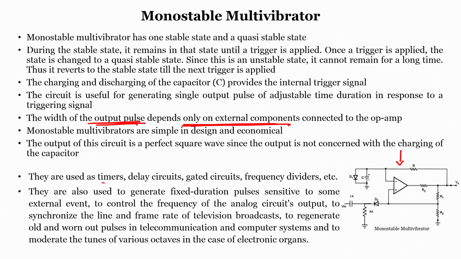It is used as a timer, delay circuit, gate circuit, frequency divider, etc. It is also used to generate a fixed duration pulse sensitive to some external event to control the frequency of analog circuit output. It is used to synchronize the line and frame rate of television broadcast, to regenerate old and worn out pulses in telecommunication and computer systems, and to moderate the tune of various octaves in electronic organs.